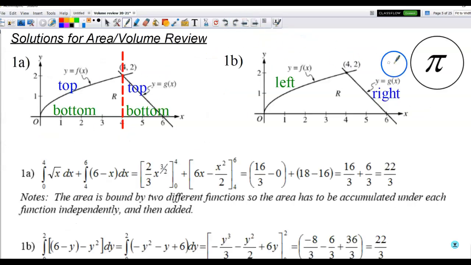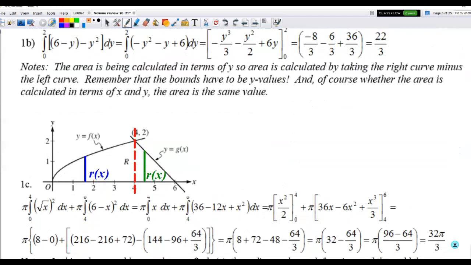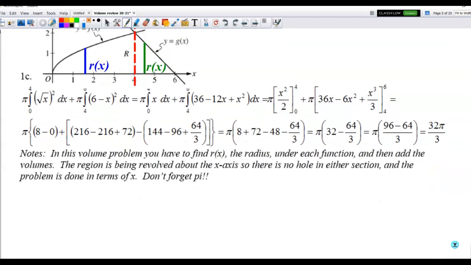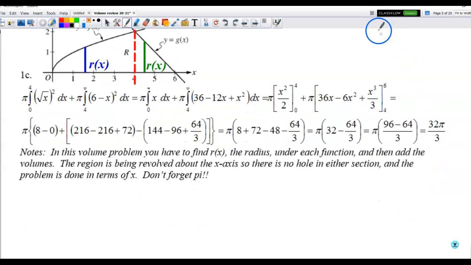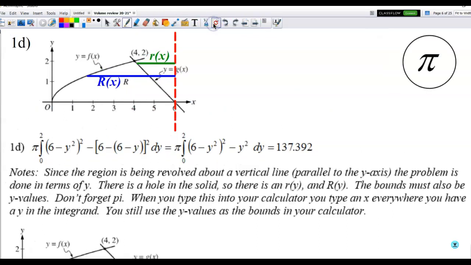So let's look at the answers over here. So for letter, that was C, I think, yeah. And in letter D, let me reset that because my lines moved all over the place.